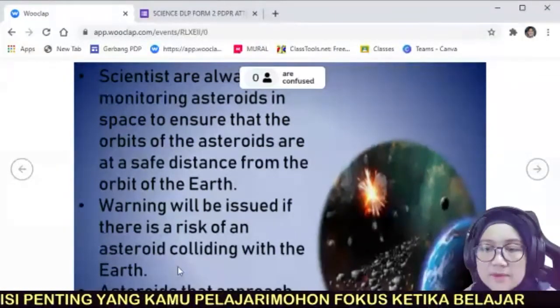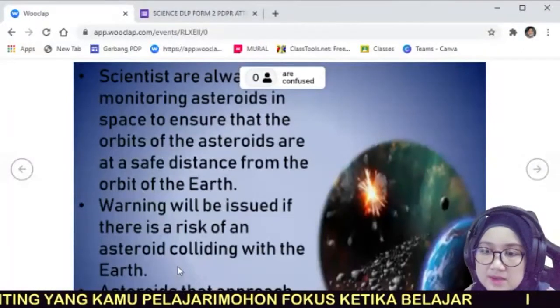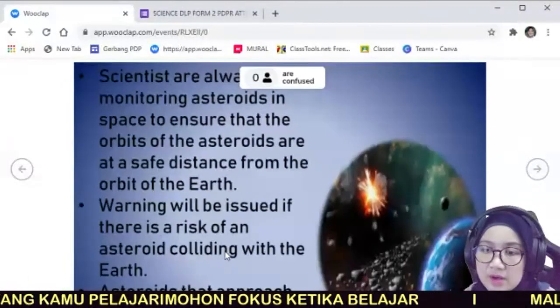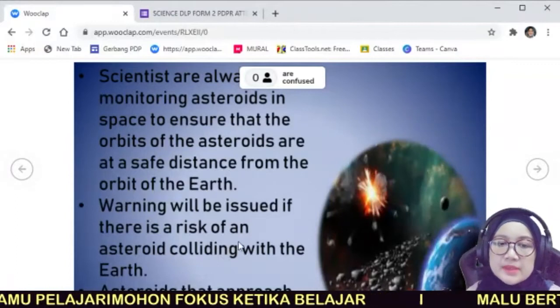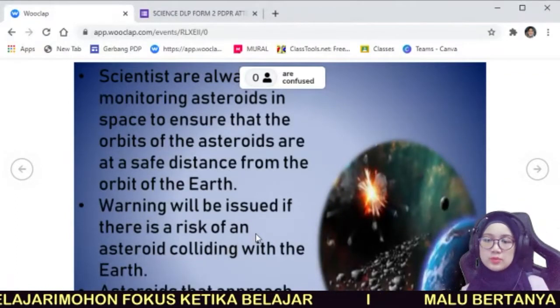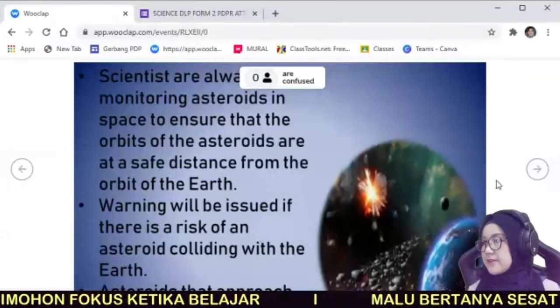Okay, so why? Because an asteroid is so big. When it hits our Earth, it might give a very big risk to the surface of the Earth.